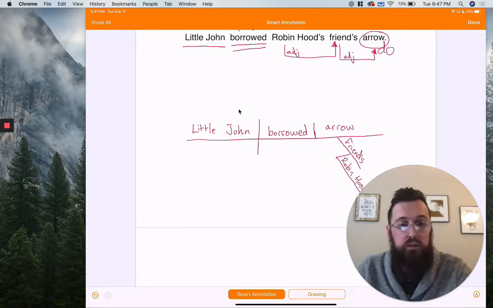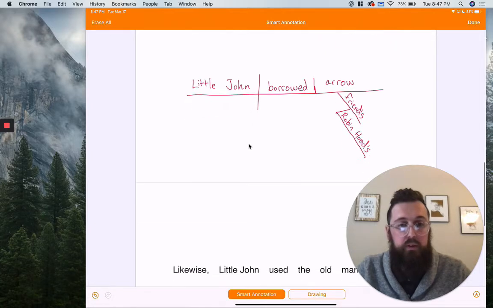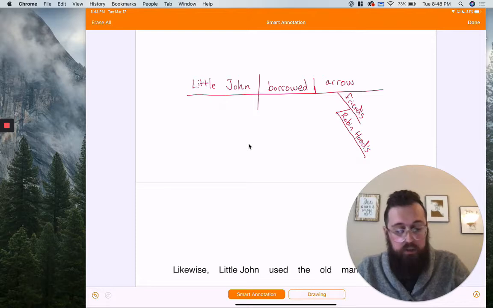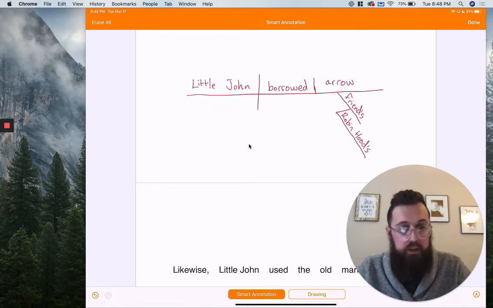You guys can't see that. Let me scroll up. There we go. So this is what it would look like diagrammed. The reason I go off to the left is so that I can show sentence order, because I had Robin Hood first. It's Robin Hood's friend's arrow, and my diagram models that.